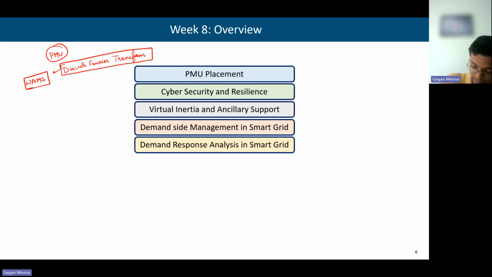However, we also know that the peak demand and the peak solar or wind generation do not match. The peak PV generation is during the daytime, and the peak demand is during morning and evening.